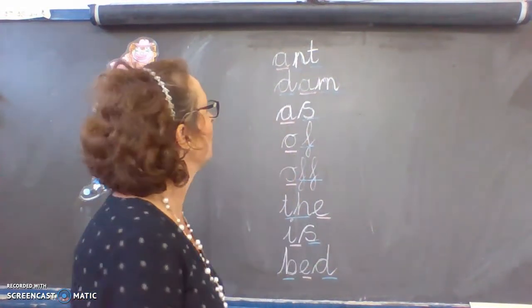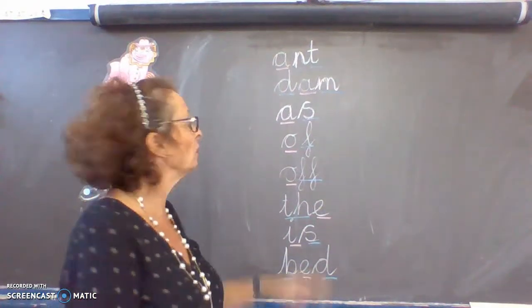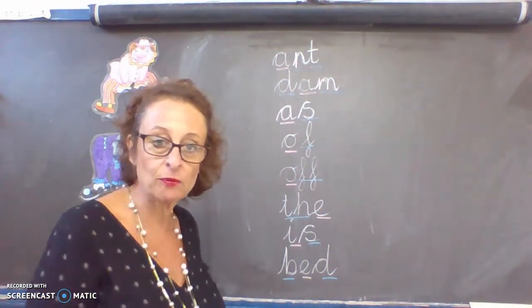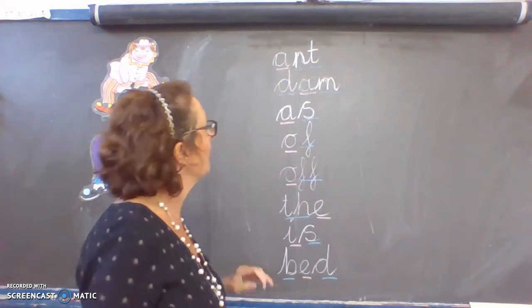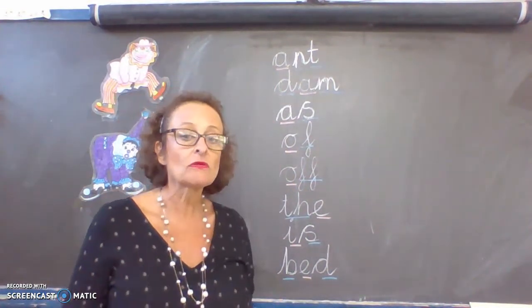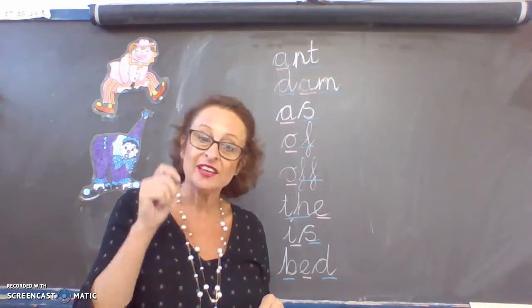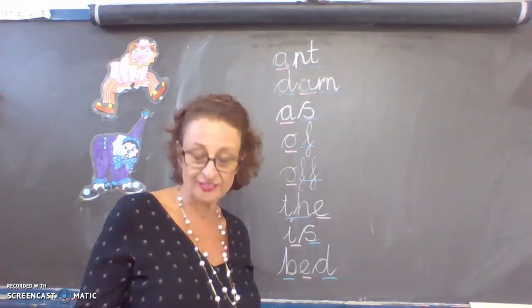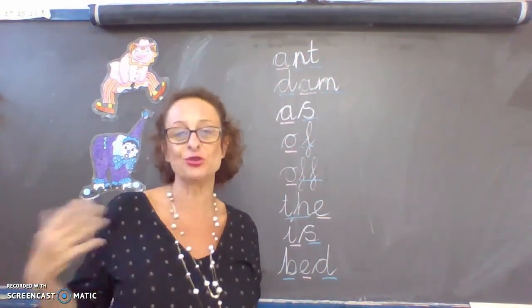So, we have some of our spellings here for this week. Not all of them. We normally have 15 spellings a week, and I've written them and underlined them. Spelling is turning sounds into writing, turning phonemes into graphemes.